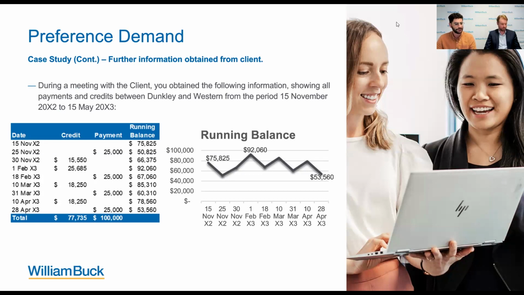In the first table on the left-hand side, you can see the build-up of the debt on the credit side, which is your invoices for goods, and then the payments against that debt in the second row. Looking at the running account, it changes from $75,000 owing on the 15th of November in year 2 to $53,000 owing by the appointment date.